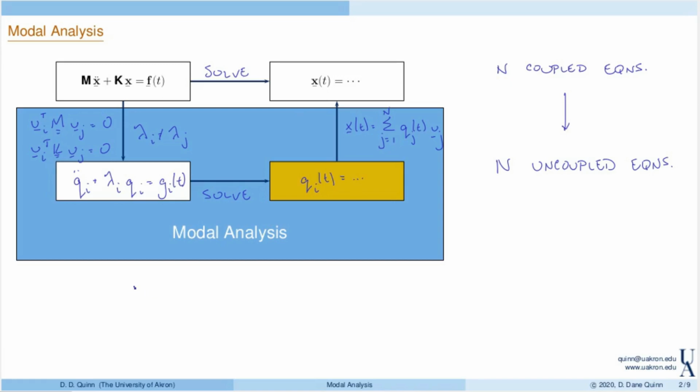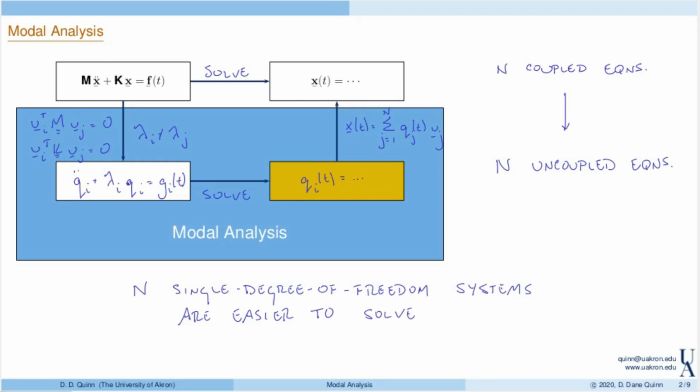And the n single degree of freedom systems that are represented in terms of the modal coordinates are often easier to solve, because the equations are essentially reduced down to a single degree of freedom system.